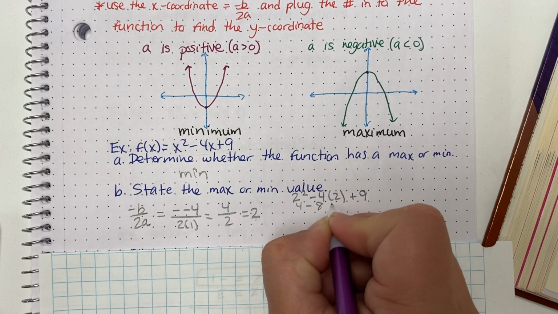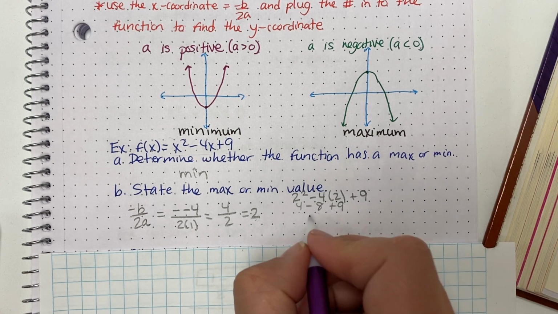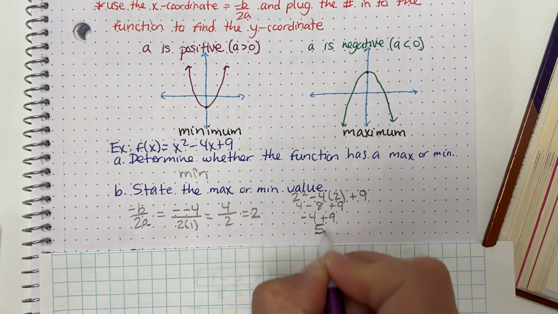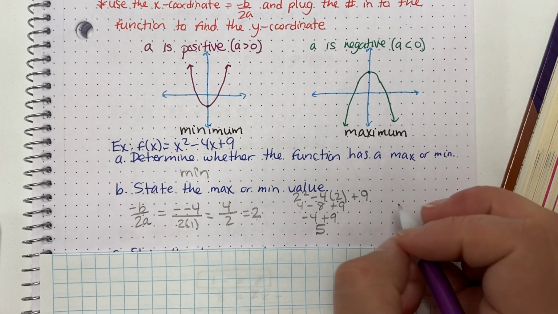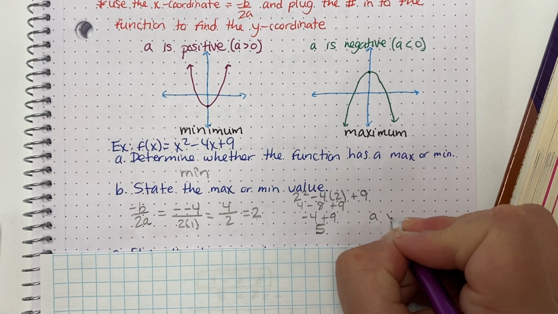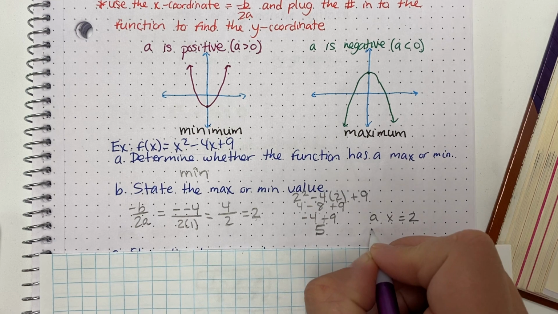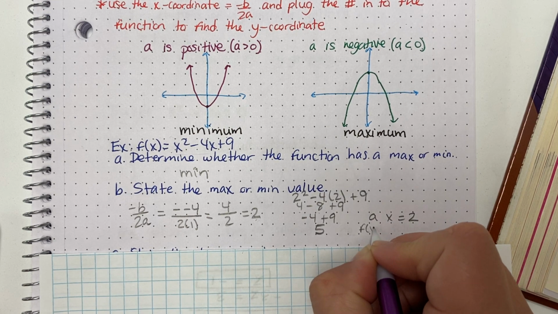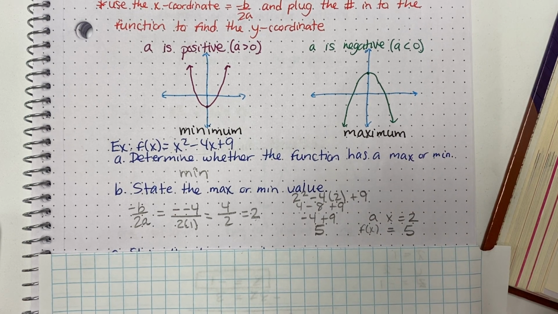I'll just do it really quick. So 4 minus 8, negative 4 plus 9, or 5. So this means at x equals 2, the function is going to equal 5.